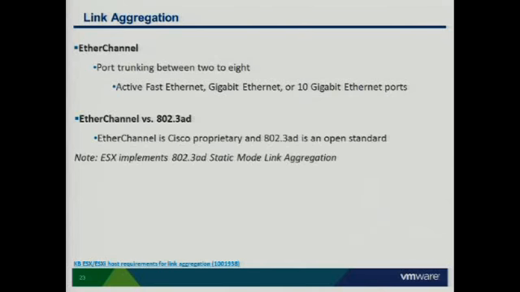In comparison to 802.3ad, keep in mind EtherChannel is Cisco proprietary, and 802.3ad is an open standard. By default, ESX implements 802.3ad static mode link aggregation. So if it's not Cisco, check with your hardware vendors to find out if they adhere to that standard, but it's static mode.